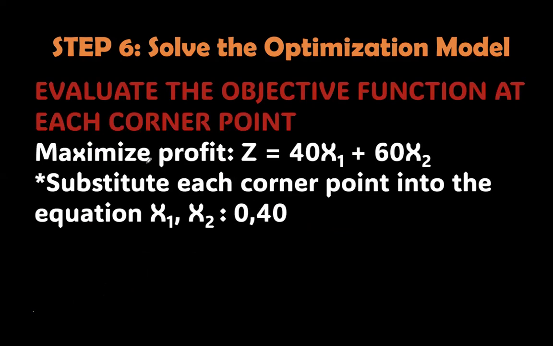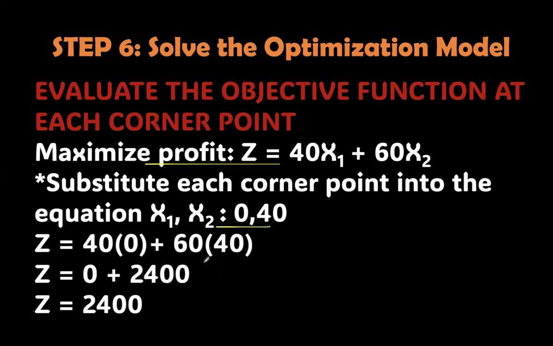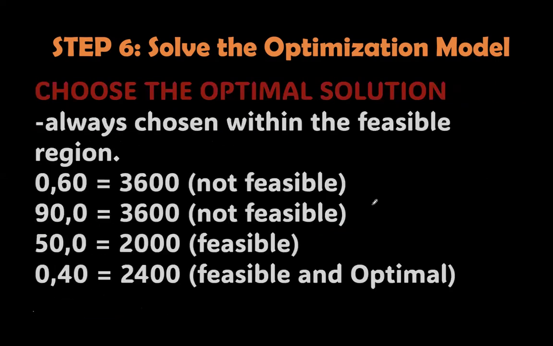Afterwards, you have to maximize the profit with the 40 region. So 40 times 0, 60 times 40, it will become 2,400 and 0, so it will become 2,400.